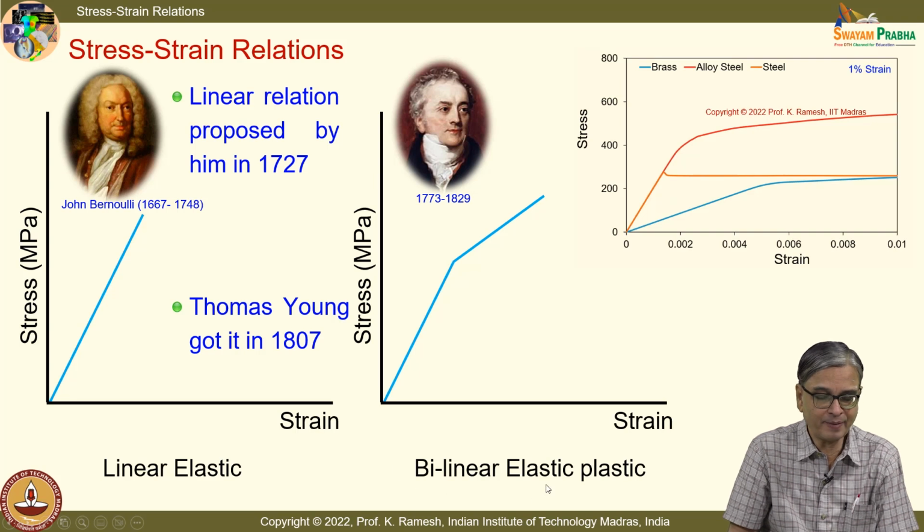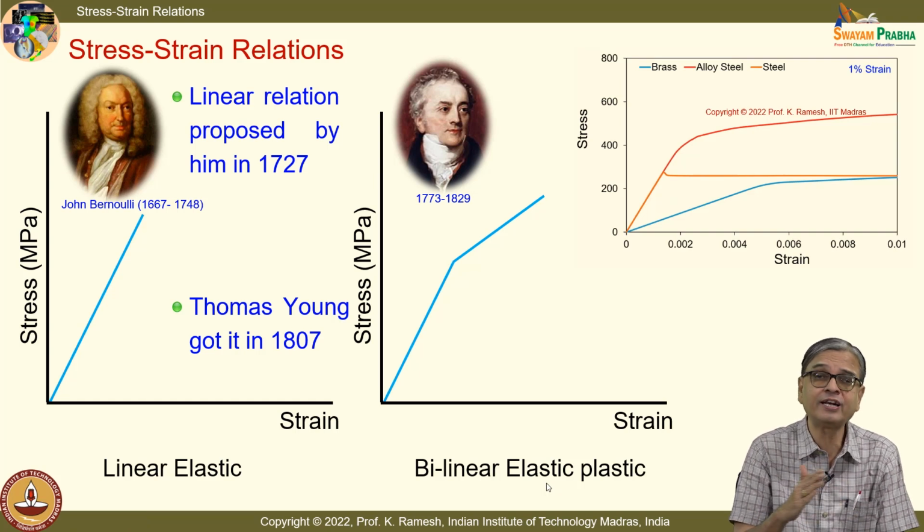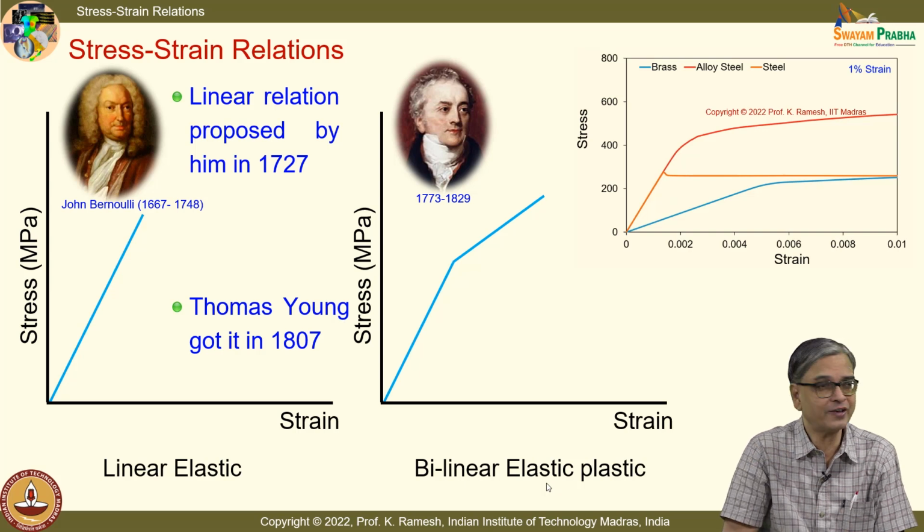And this is called bilinear elastic plastic. It is a very famous approximation. In material constitutive law, when people want to go beyond yield, the first baby step is to have it horizontal, perfectly plastic. The second baby step is to have that as a straight line of a different slope.